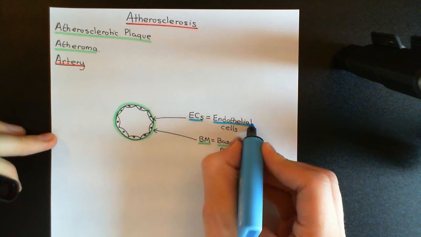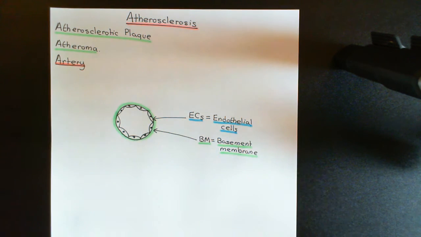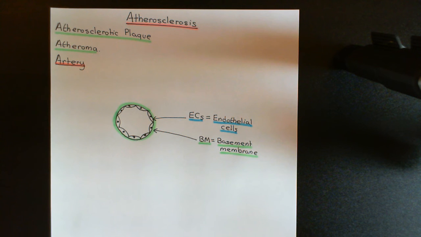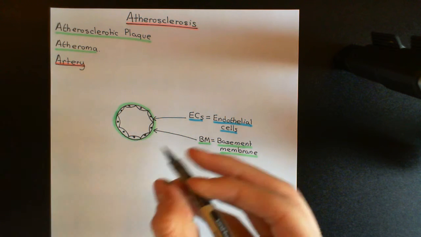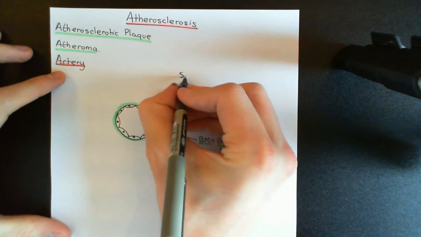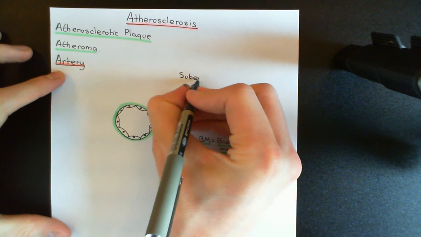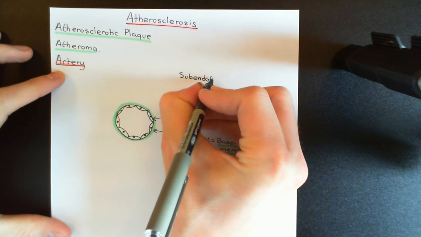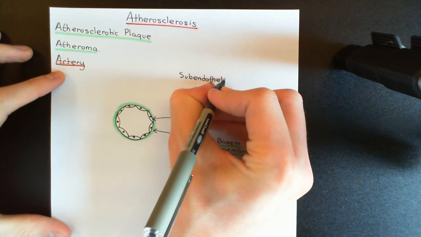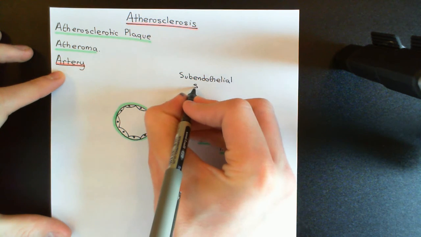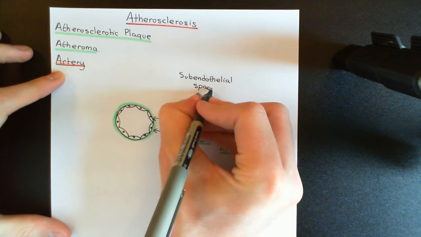Okay, right, so what's the next layer? Let's go outwards. So underneath the basement membrane in the wall of the artery, what do you actually have? Well, you have a layer of connective tissue known as the subendothelial space, and this is going to be extremely important, so I'll write out its name firstly. So we're now going to have a layer of connective tissue known as the subendothelial connective tissue, if you're being absolutely proper, but we'll just call it the subendothelial space.